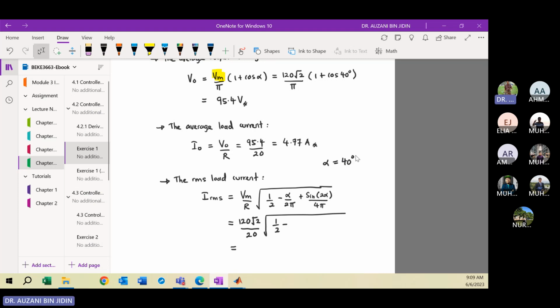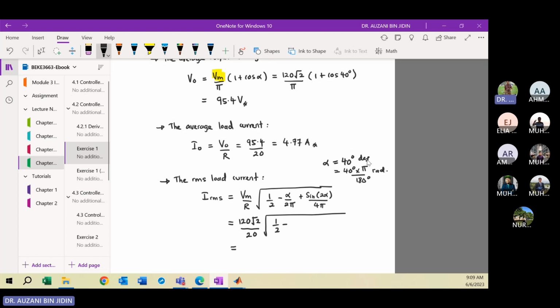You must substitute in radian, so you need to first convert alpha from degrees to radian. How to convert to radian? 40 degrees multiplied by pi, divide by 180 degrees. So it must be in radian.